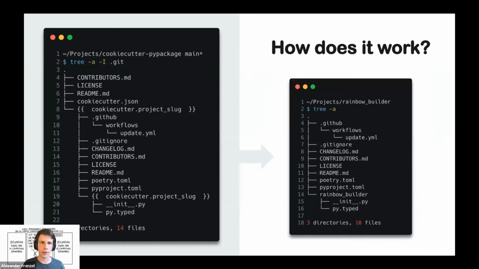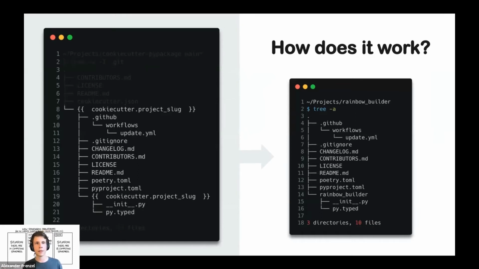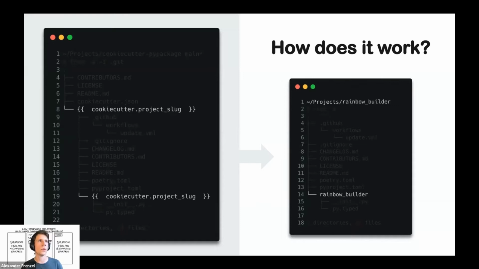Let's have a closer look. You see this part of the Cookie Cutter template is more or less copied to the project itself. So you see the .github folder, the workflows, the update.yaml, the gitignore file, and so forth. But you also see those two lines.